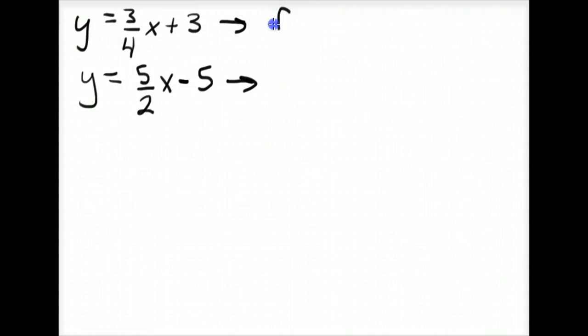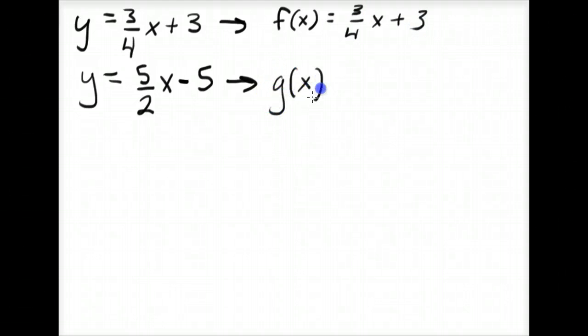So we're going to say f of x equals 3/4 x plus 3, and then g of x equals 5/2 x minus 5.